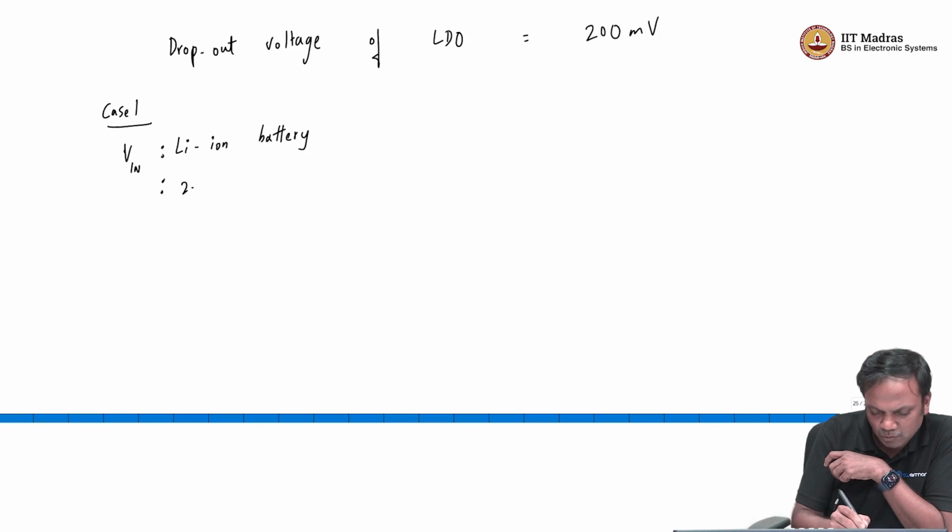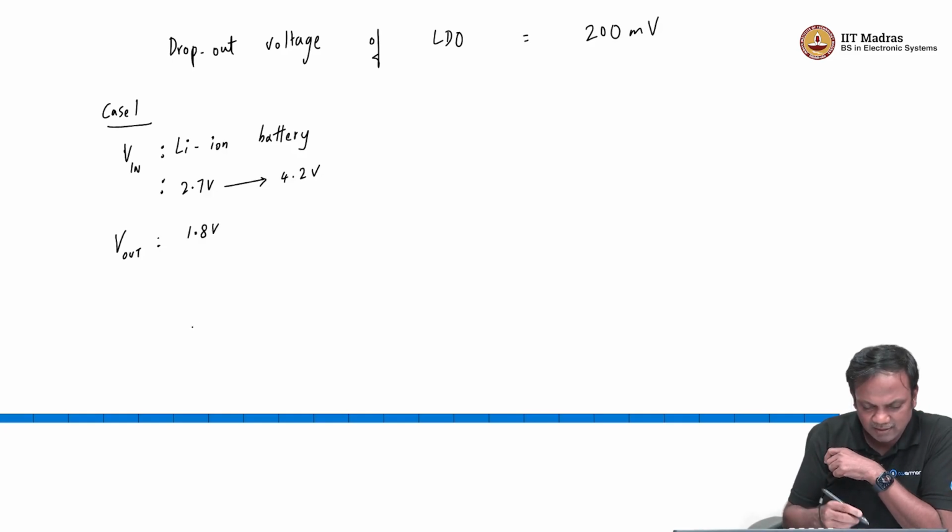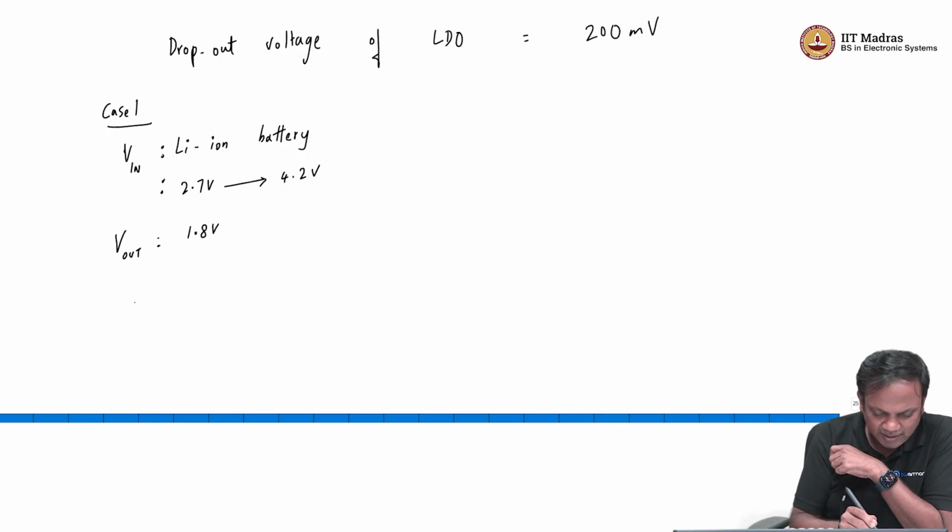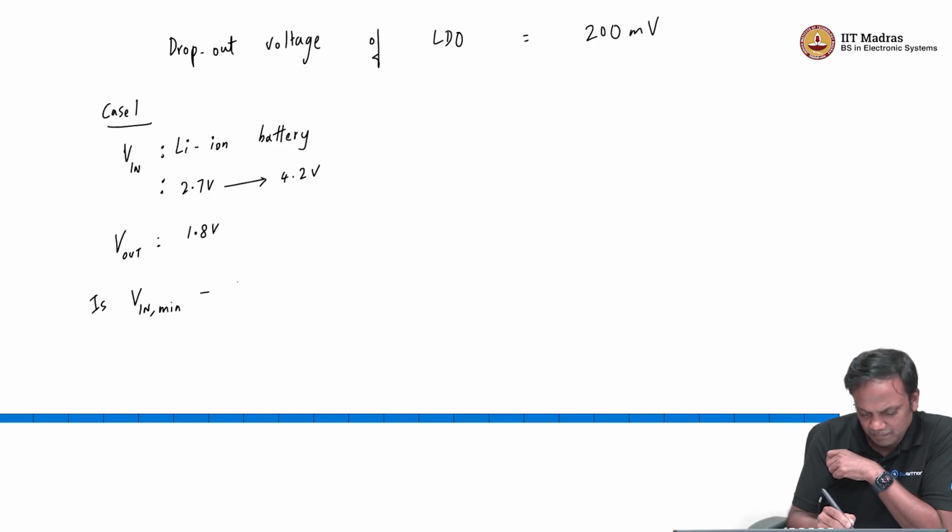So, V in can go from 2.7 volt to 4.2 volt, right, and V out desired is 1.8 volt, right. So, what you would check is, okay, is V in minimum minus dropout voltage greater than V out the question.